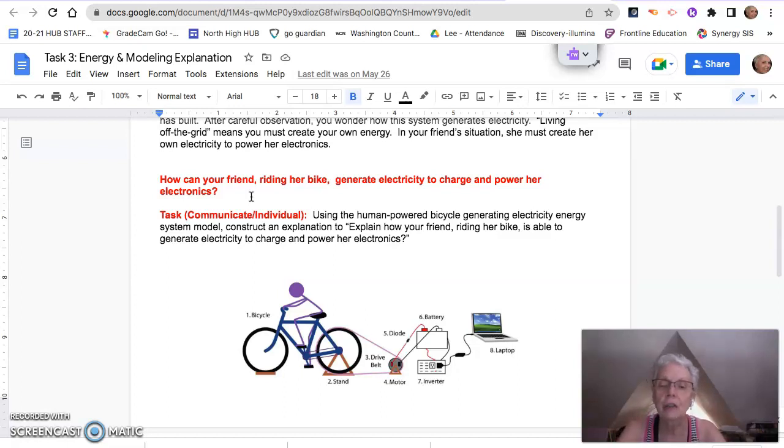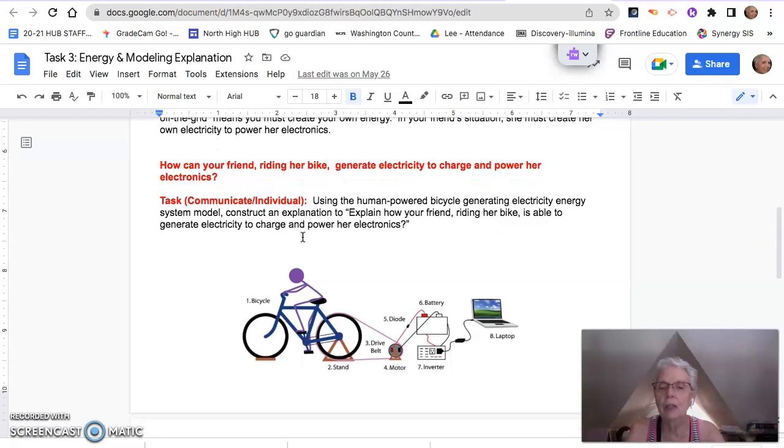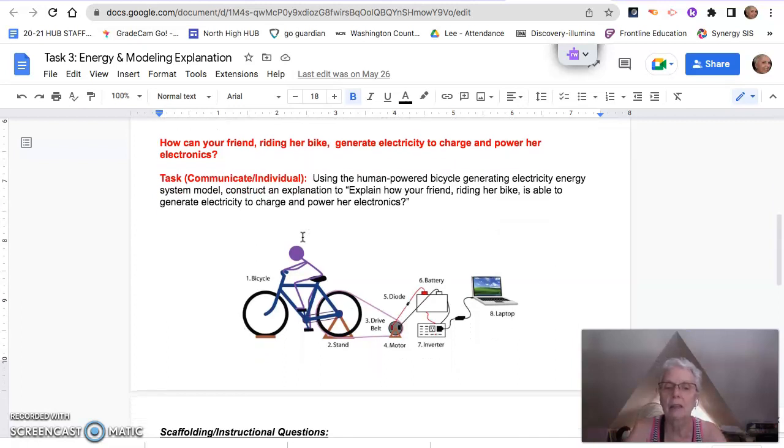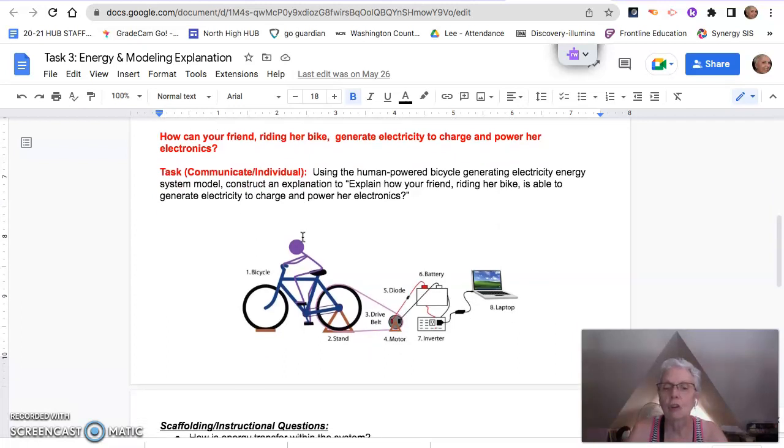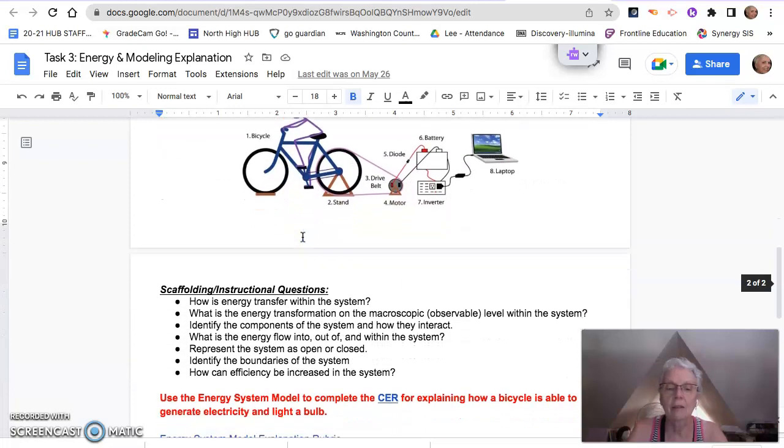How can your friend riding her bike generate electricity to charge and power her electronics? So using the human-powered bicycle generating electricity energy model, which you labeled, construct the explanation to explain how your friend riding her bike is able to generate electricity to charge and power her electronics.